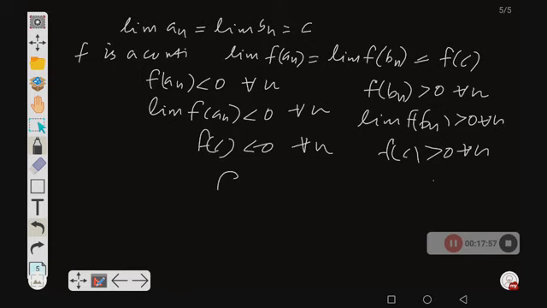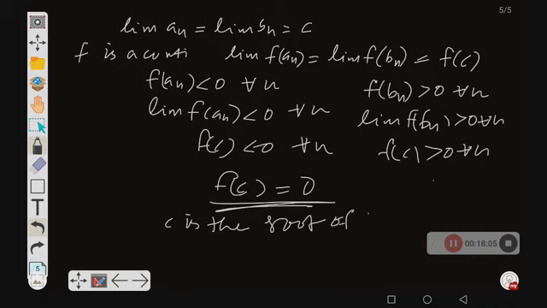So we may conclude that f of c must be equal to 0. That means that c is the root of f. Hence we have the proof. So we can conclude that we are getting a point c such that c is the root of f.